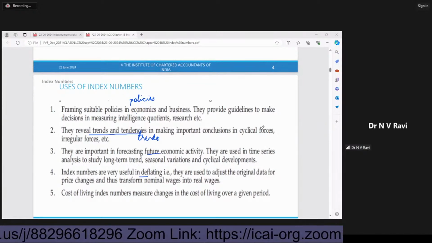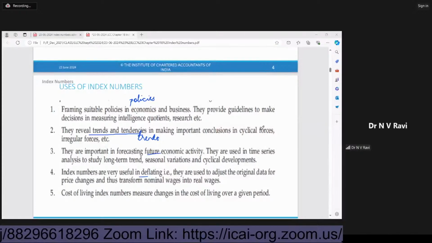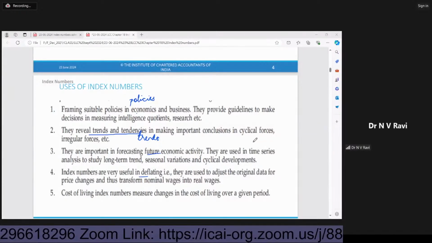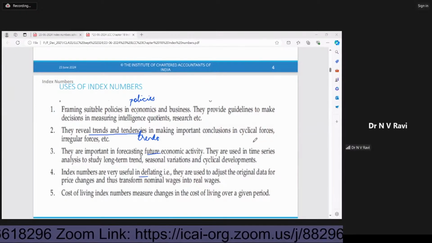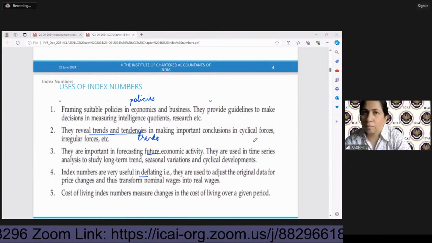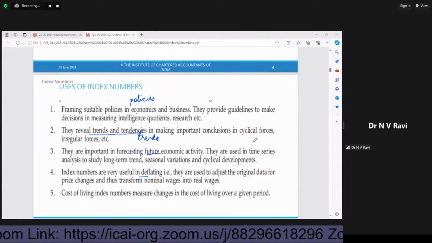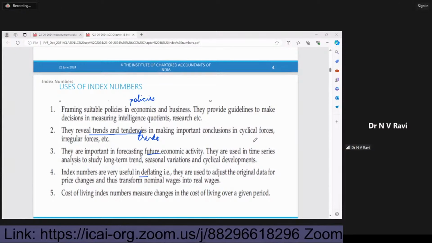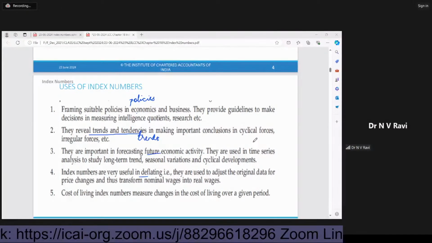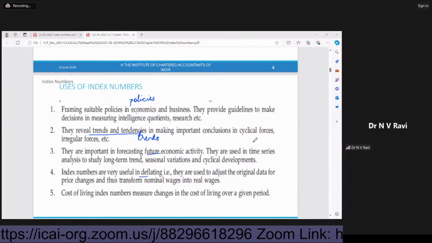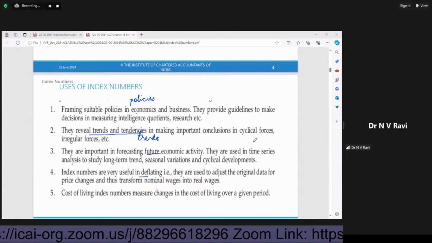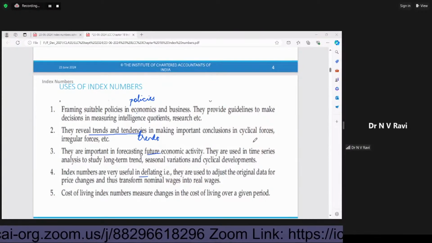Inflation is over a period of time, and it is the combination, the aggregate, of all prices. Using this chapter, we can understand the changes in the prices in the country over a period of time from the base period.